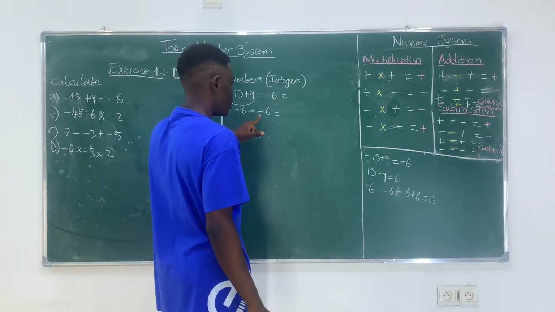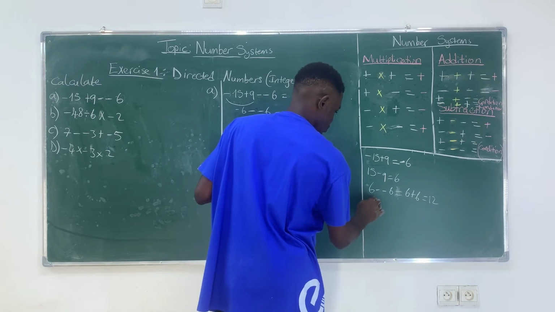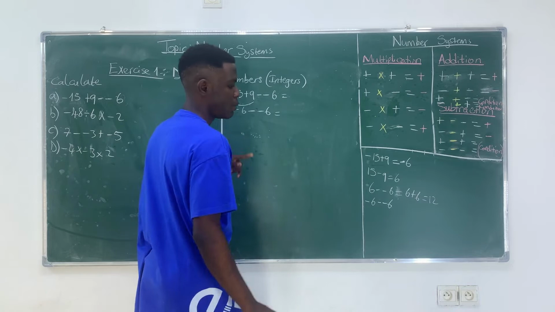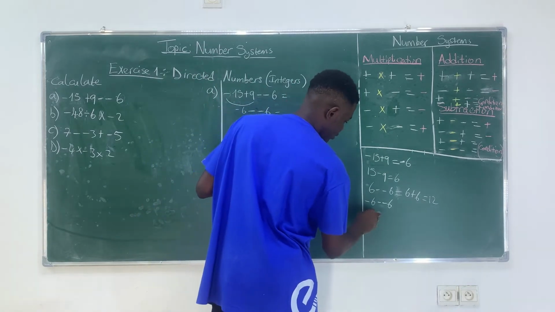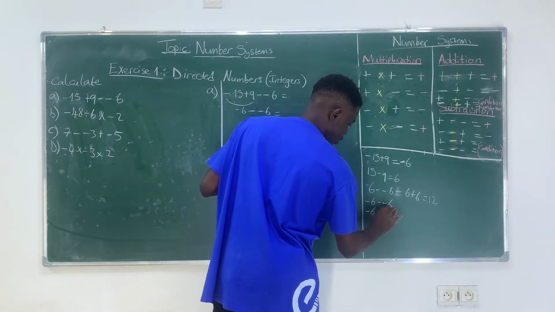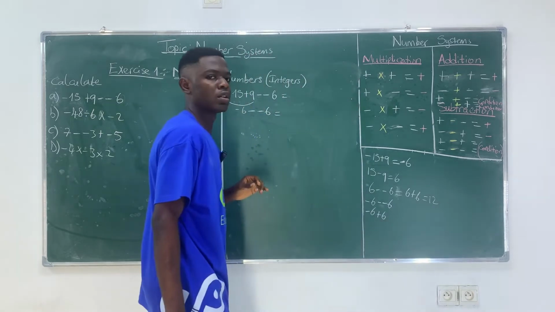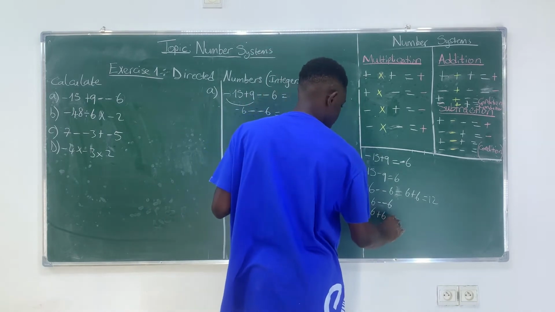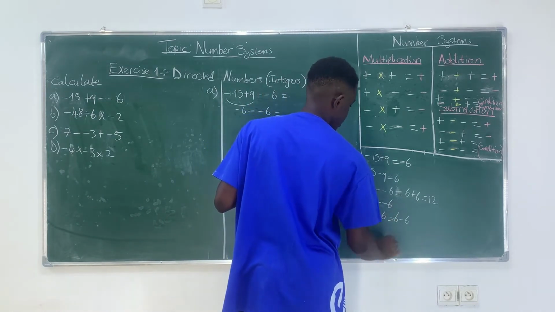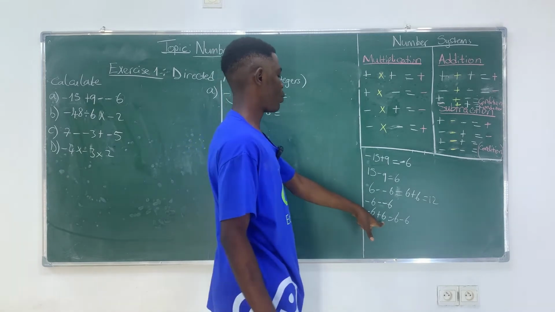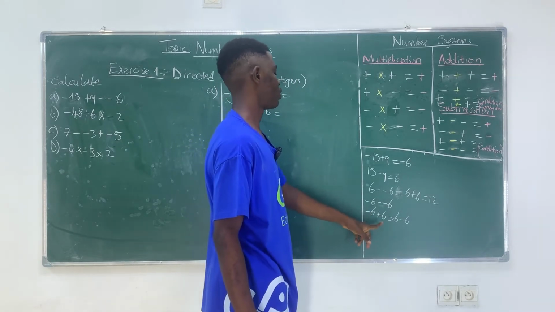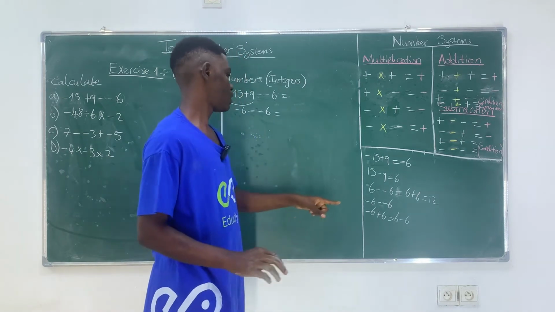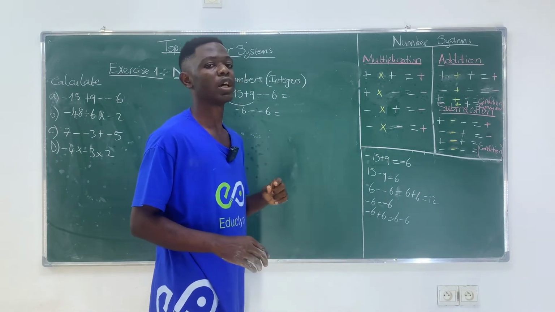So in this case, we have minus 6 plus 6. And minus 6 plus 6 is what? It is the same as if I put the positive one first: 6 minus 6 is also 0.